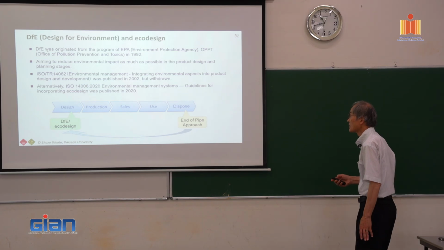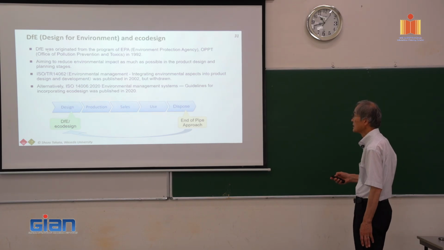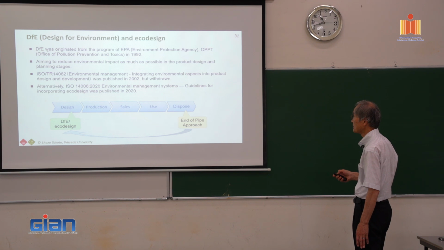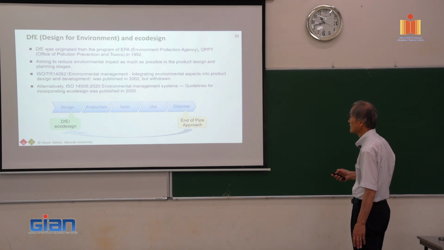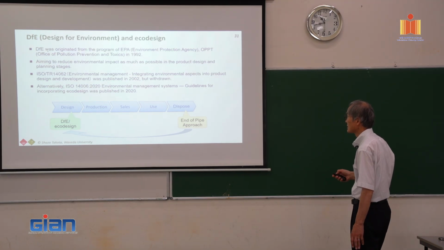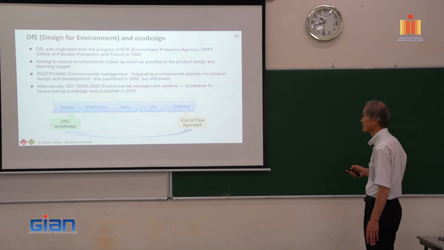And design for environment. The term design for environment originated from the program of EPA, OPPT, in 1992. It aimed to reduce environmental impact as much as possible in the product design and planning stage.